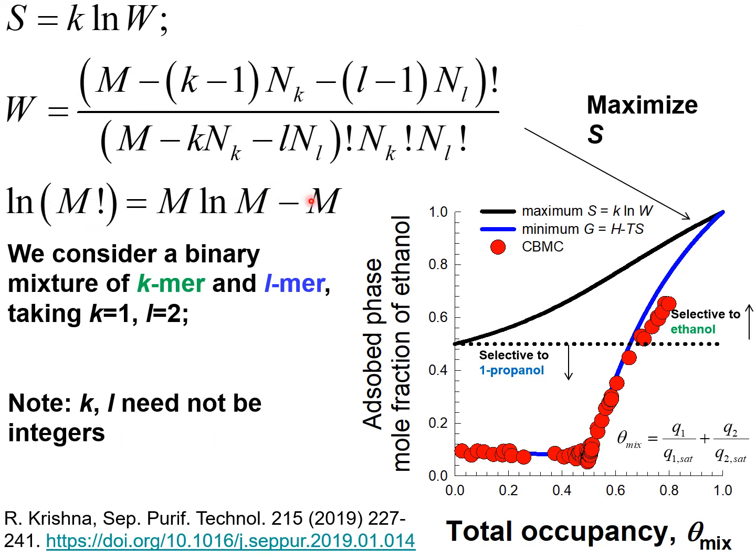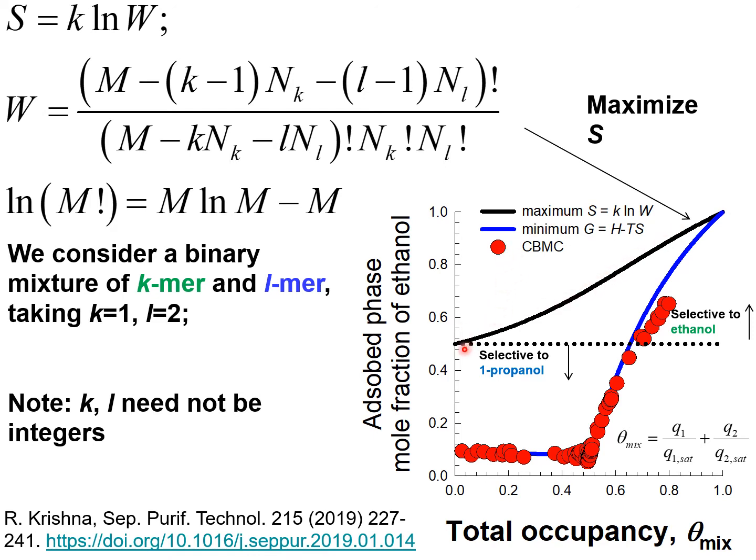This is the Stirling approximation to determine the factorials, and the expression for the entropy can be used to determine the composition of the adsorbed phase that results in a maximum value for the entropy, and that is indicated by the black line.